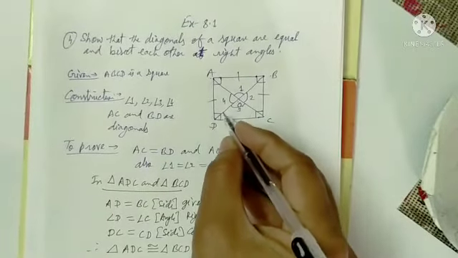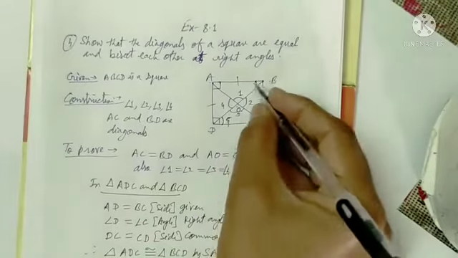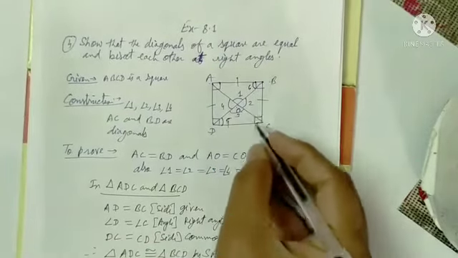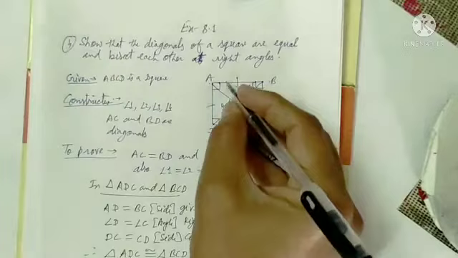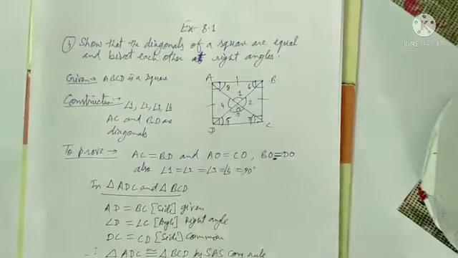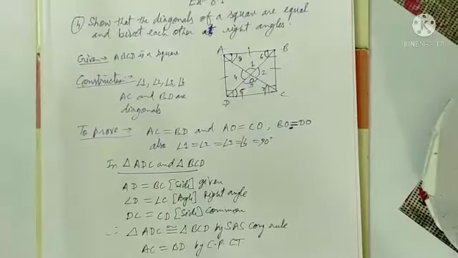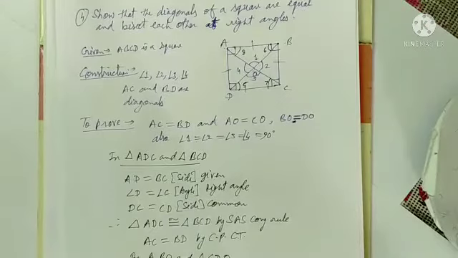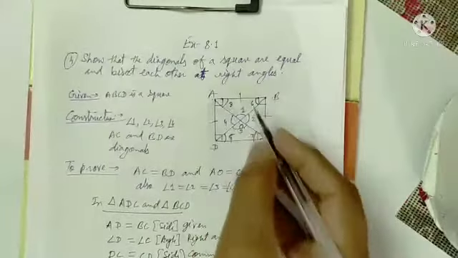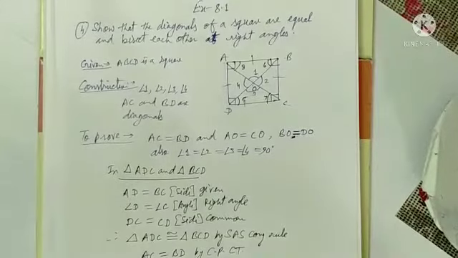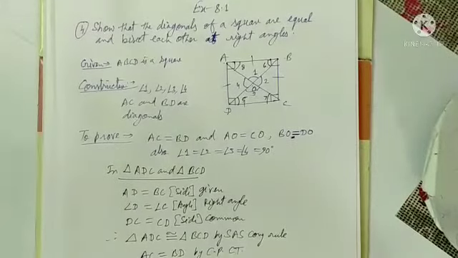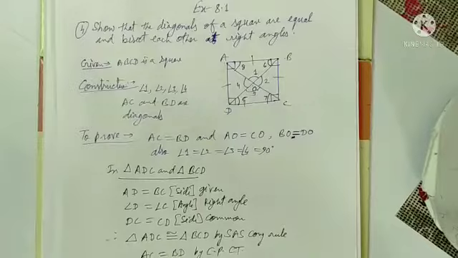Suppose this is angle 5, this is angle 6, this is angle 7, this is angle 8. So easily we can say angle 6 is equal to angle 5.